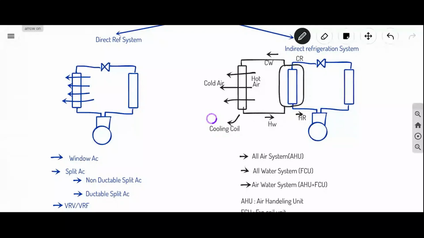Second thing, when you run 24/7, you are getting more cost. Your cost is very huge.